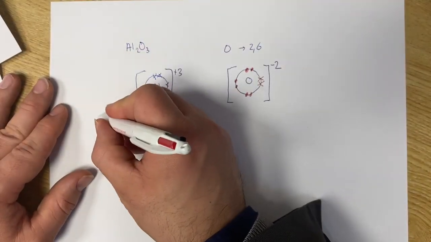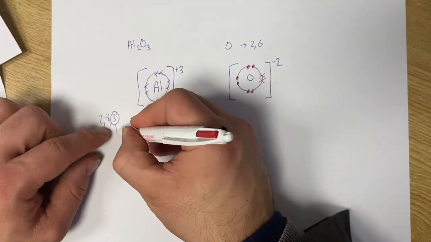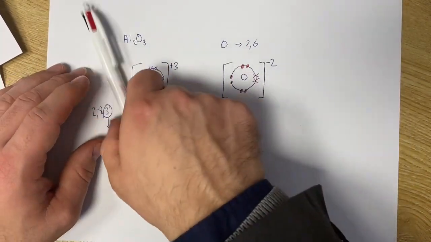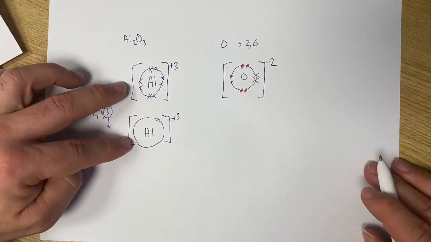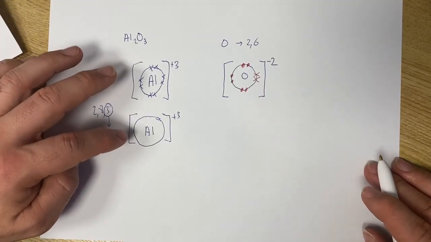Aluminium's electron configuration is 2, 8, 3, and it's these 3 electrons that are lost when it forms a +3 ion, so you could show that empty shell like that. Either of those is accepted at GCSE level on the mark scheme.